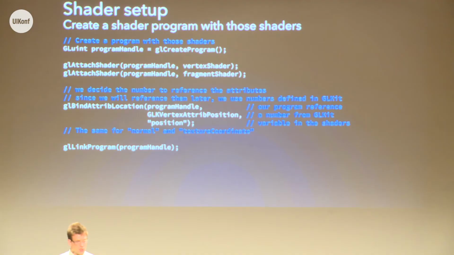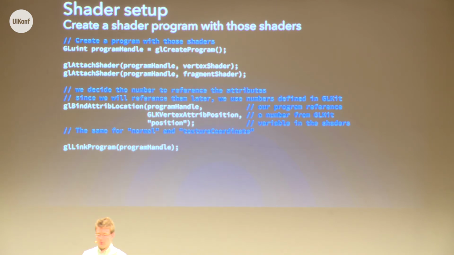Inside of our shader code, we have these attribute variables, which we reference by names, such as position, normal, and texture coordinate. And to easily be able to reference those attributes in our code, we bind them to a number that we decide. But in this case, I'm using numbers that are defined in GLKit, because those variables have names like attribute position and attribute normal.